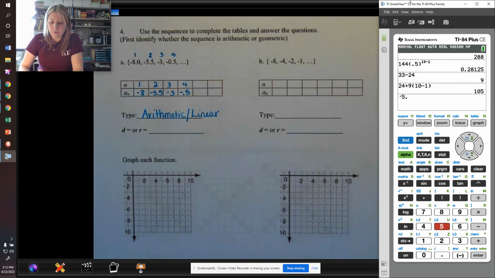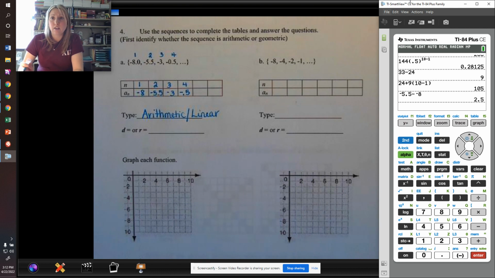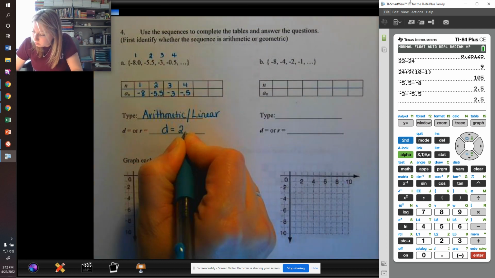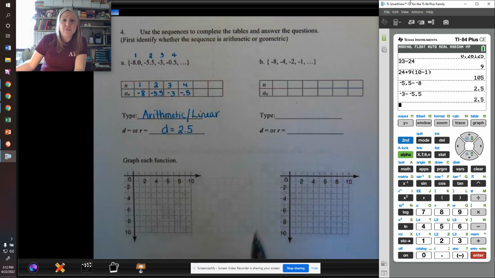Negative 5.5 minus negative 8 gives me 2.5. Negative 3 minus negative 5.5 gives me 2.5. So there's my D value. And that essentially is my slope.